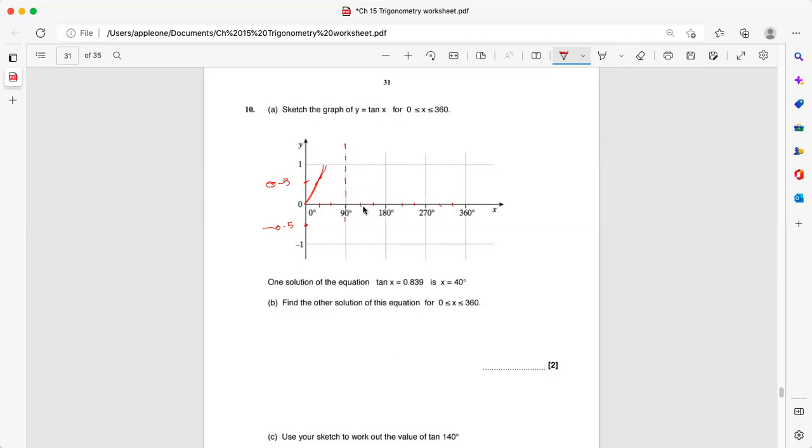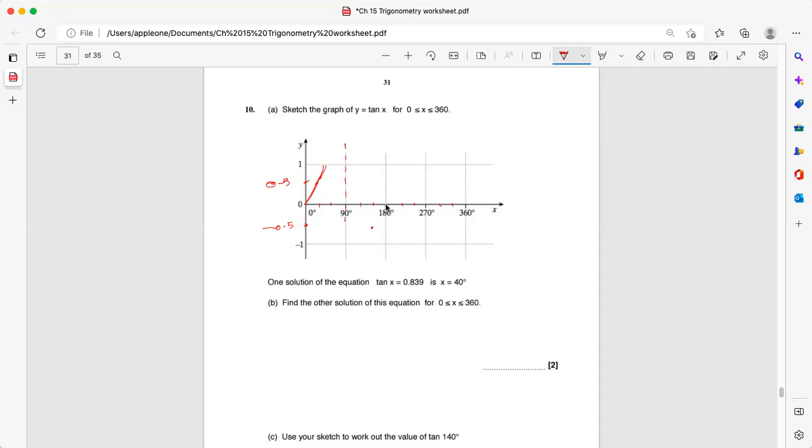Now see, what about 120? Tan 120 is minus 1.73. It's beyond 1, so we can't do that. Tan 150 is what? Minus 0.577. So tan 150 I will plot somewhere below minus 0.5.